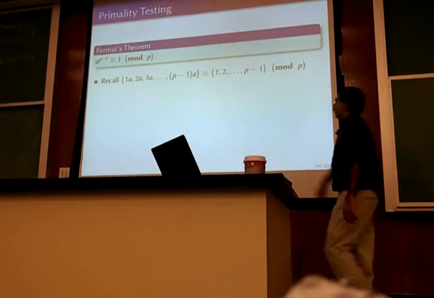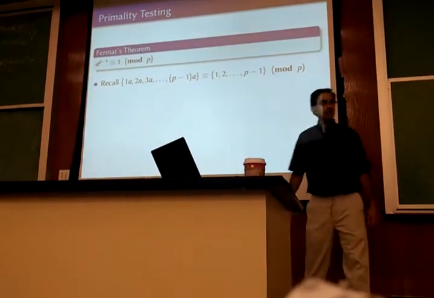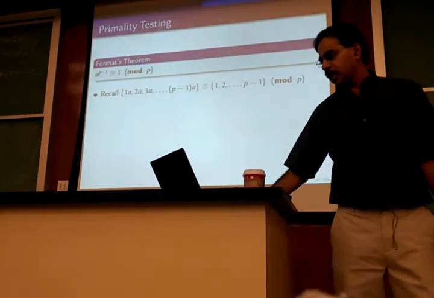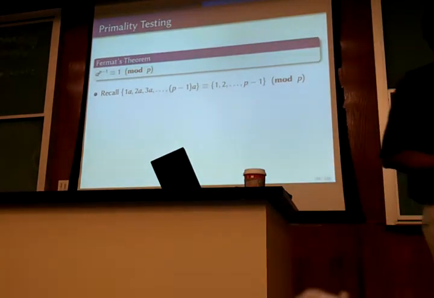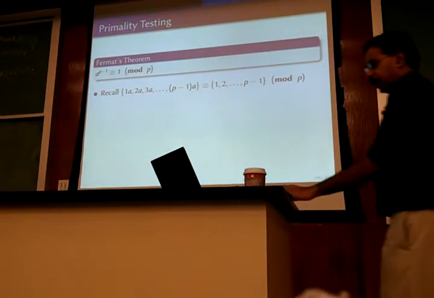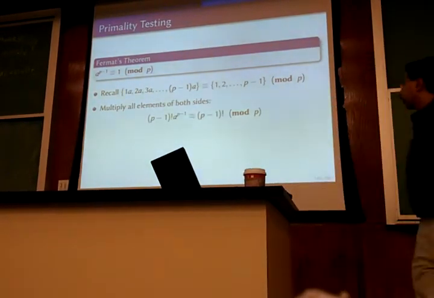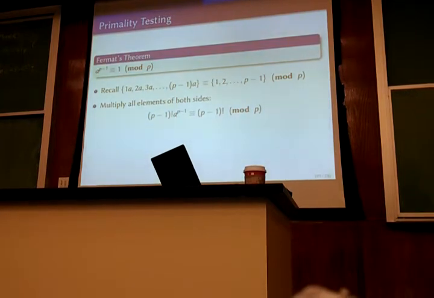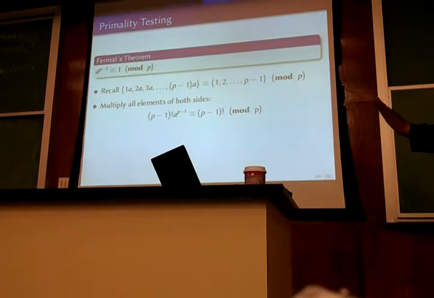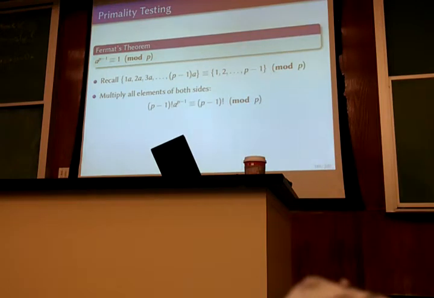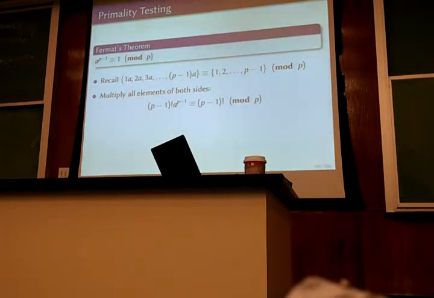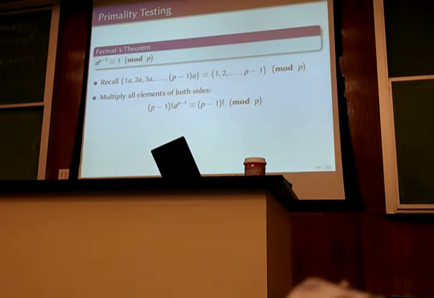So we can write, and I'm just restating this theorem that I mentioned in the last lecture. Now what we do is we can take the product of both sides, right? So if you take the product of the left-hand side, then you'll get basically a to the power p minus 1 multiplied by p minus 1 factorial, correct? Because it's 1 times, 2 times, 3 times, up to p minus 1, that's p minus 1 factorial, and then a multiplied p minus 1 times gives you a to the power p minus 1, right?